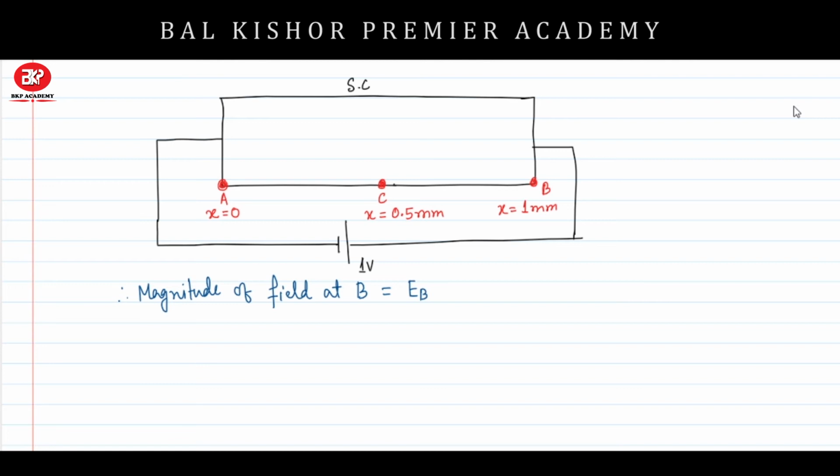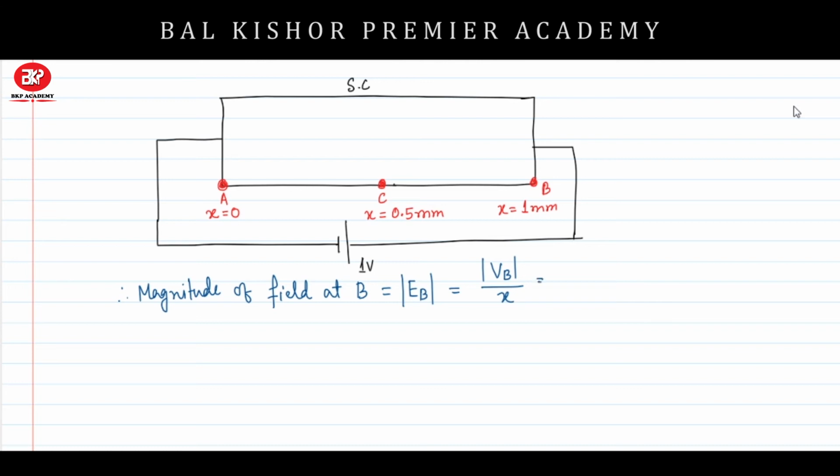Its mod will be given as VB, the potential at the B position, divided by the distance x.